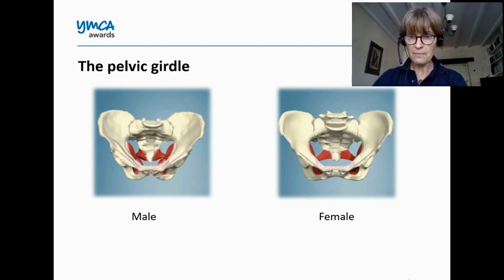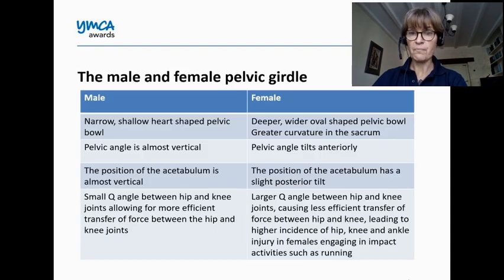The acetabulum are at more of a posterior tilt than in the male, and you've got a larger Q angle between the hip and the knee. This can result in a higher incidence of injury in females in running sports, because the stresses aren't so efficiently transmitted down the lower leg.